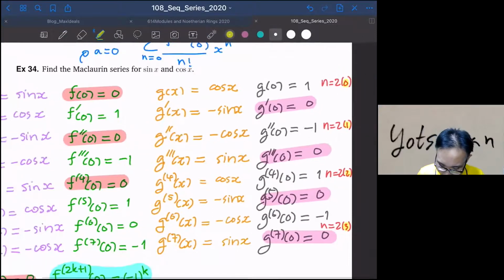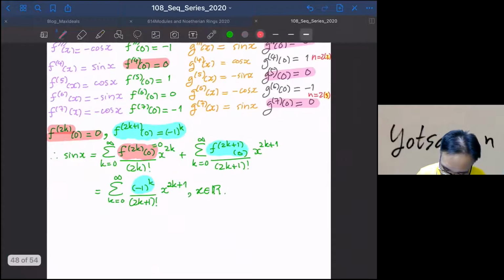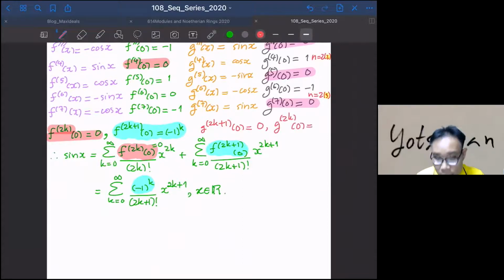And you're going to have g of the odd term, 2k plus 1 at 0, turns out to give you 0. And g of 2k at 0 turns out to be negative 1 raised to the k power.